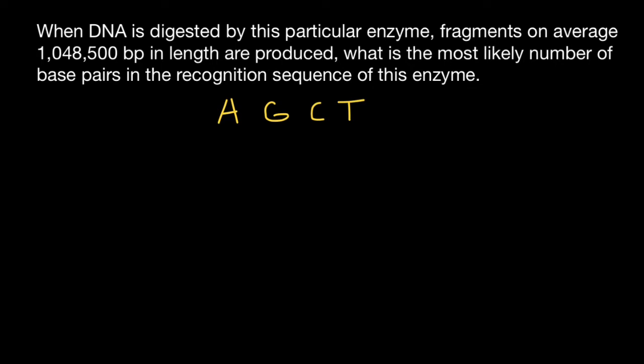Now imagine that we have a DNA strand, and let's assume that we have a restriction enzyme that cuts this DNA where it finds, for example, adenine. We just take a random place here, and what is the probability that at this place we will find adenine?